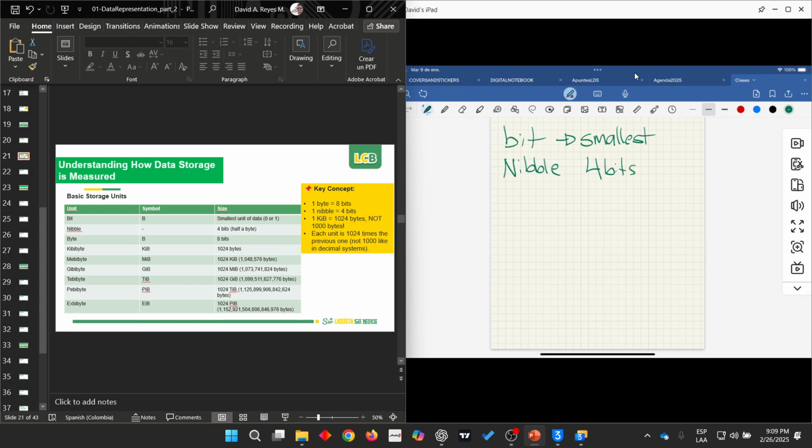For example, if I use 0, 1, 0, 1, this is 4 bits. Then we have the byte. The byte is 8 bits. I'm going to give you an example.